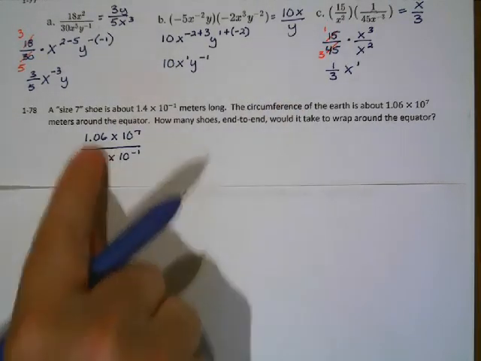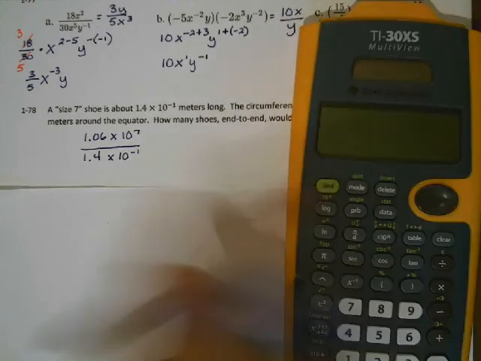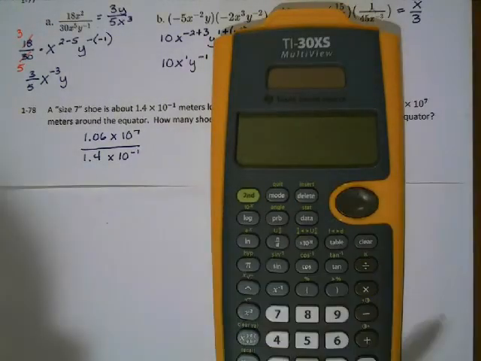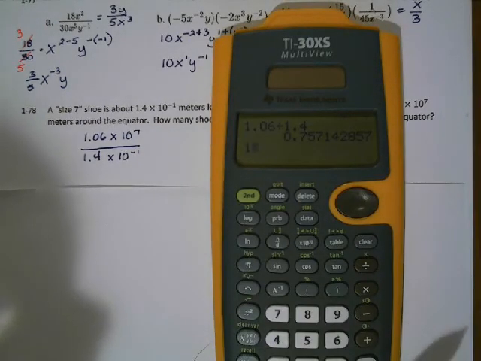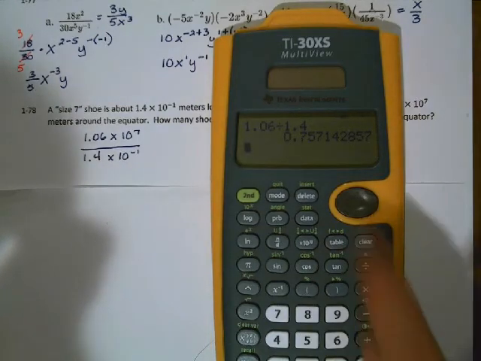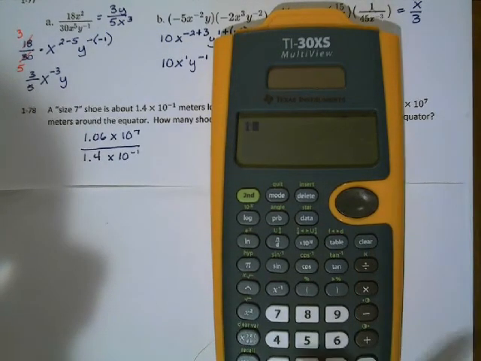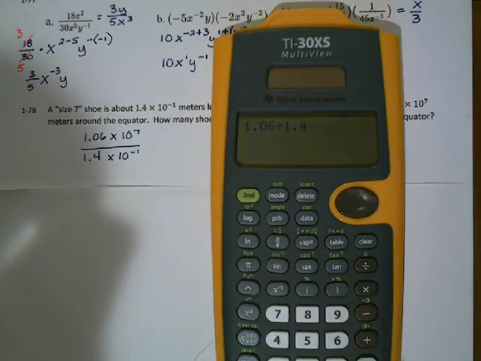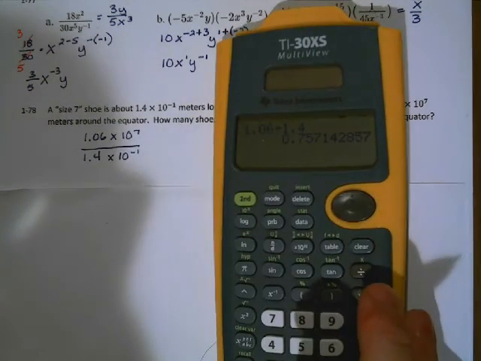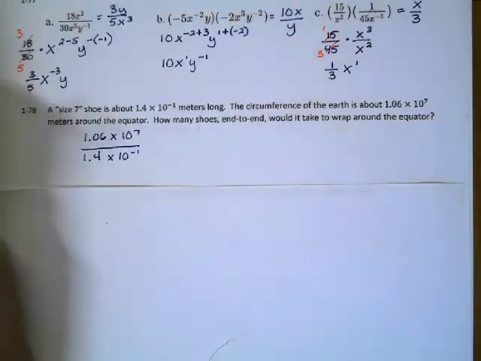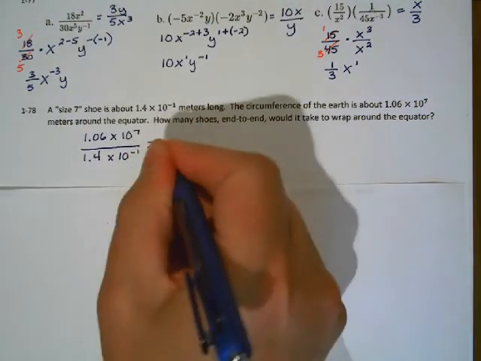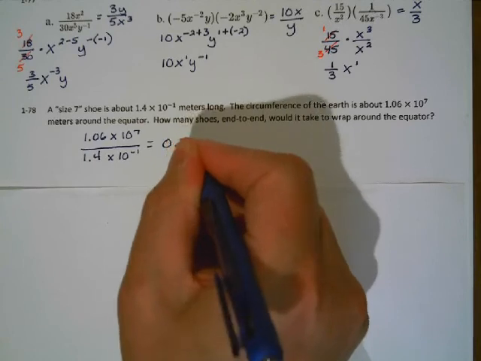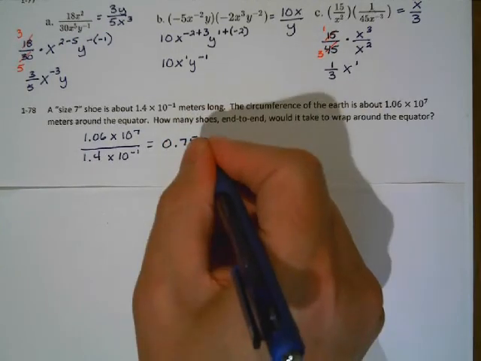Okay, I'm going to need a calculator first. Let's look at those coefficients, the 1.06 and the 1.4. So I'm going to take 1.06 and divide by 1.4. I get 0.757.